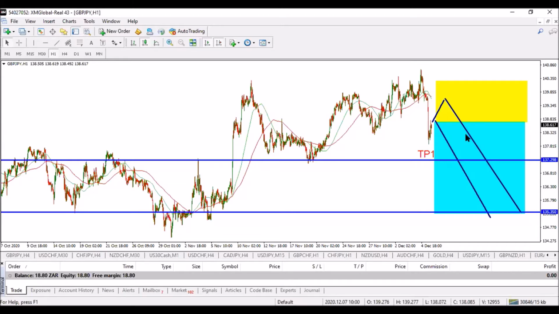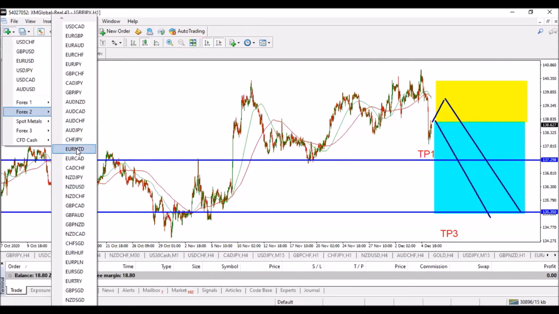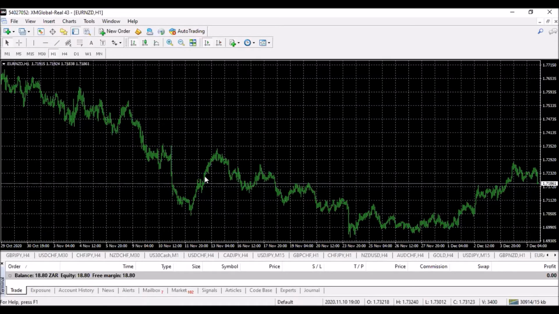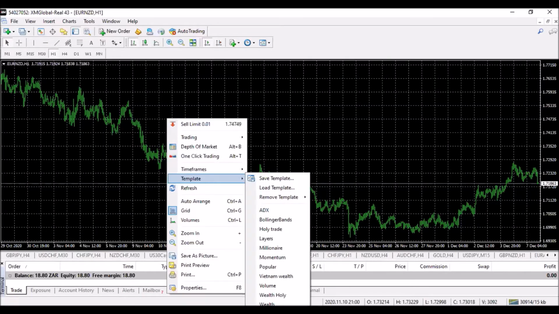I think on my other account I do have this position here already, selling for the long term. In fact, I'm selling it to somewhere here. Okay, Euro NZD. Let me open this.